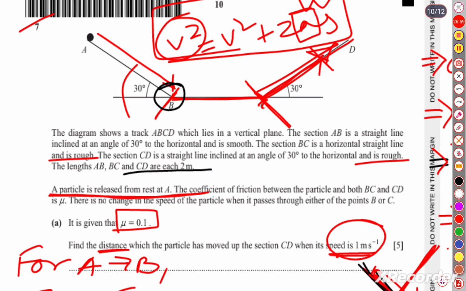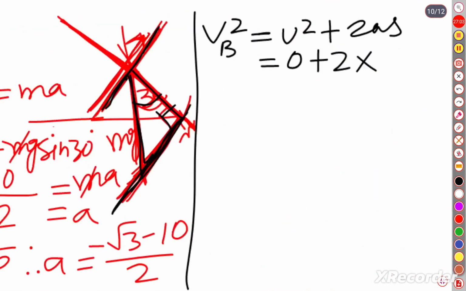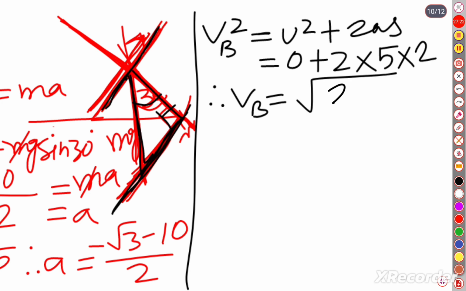So we write here 5 for acceleration, and displacement or length is 2 meters. Hence final velocity at B is square root over 20. Well, we have got one velocity.